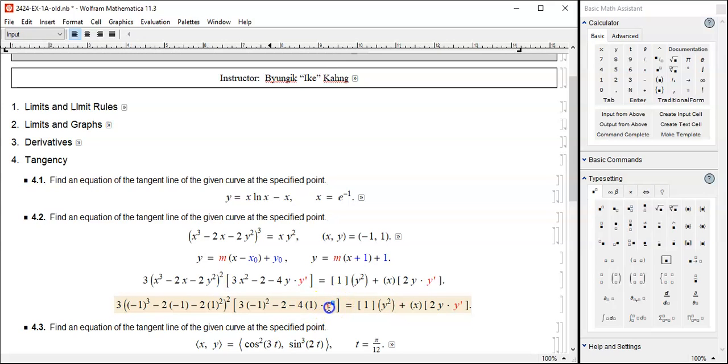And then y prime is gonna be m. All right, and this is gonna be 1, and that's -1, and that's 1, and y prime is equal to m, the slope.